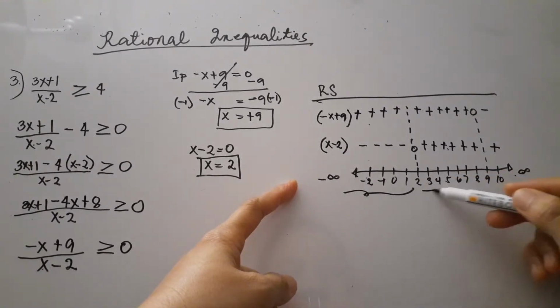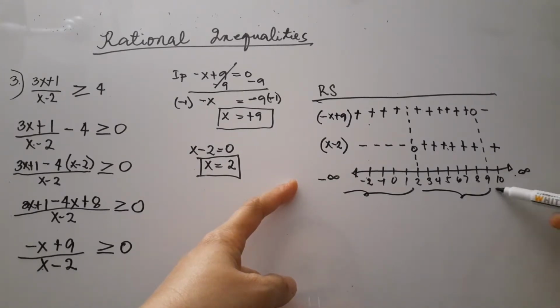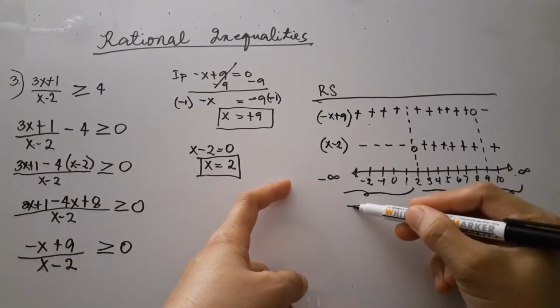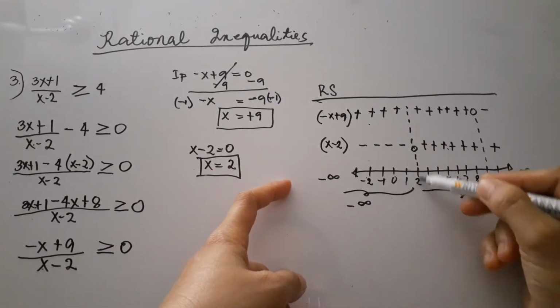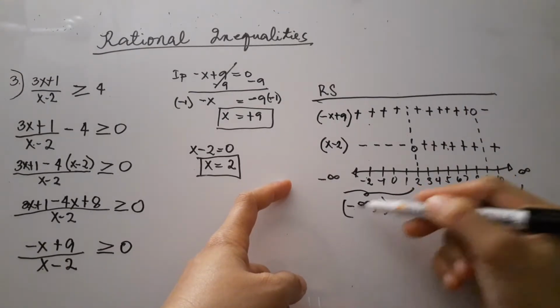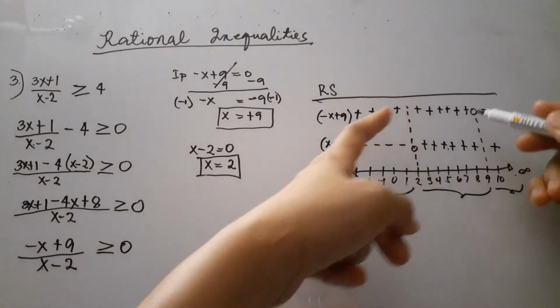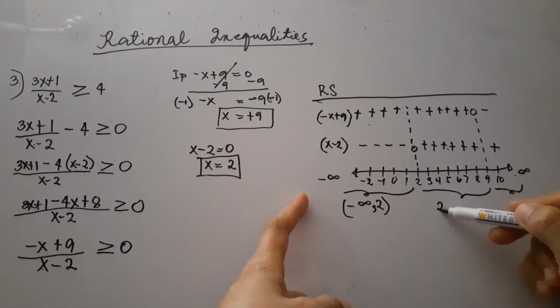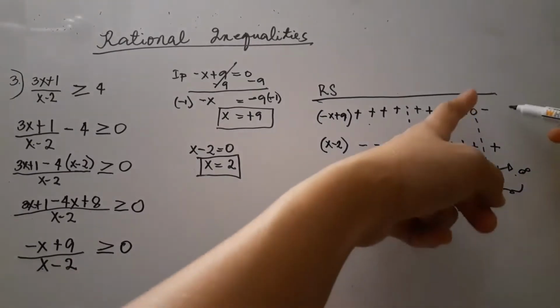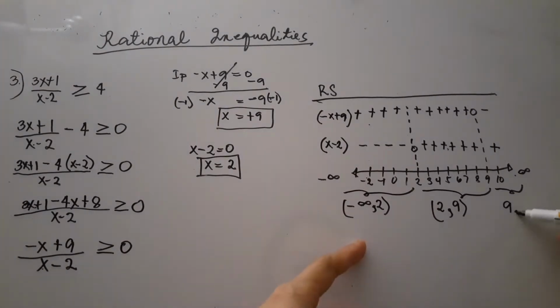And then let's locate the interval notation. So we have these sections, we have negative infinity and positive 2, this is 9, and then this section is 2 and 9, and then in this section we have 9 to positive infinity.